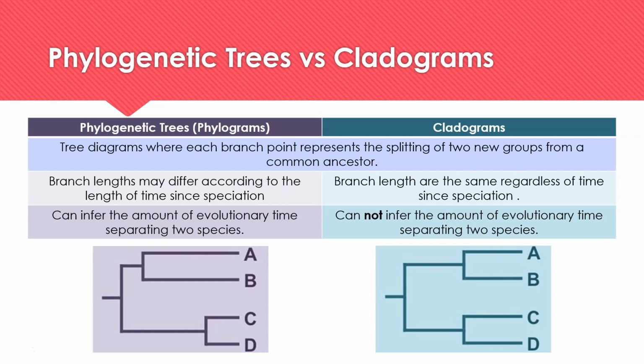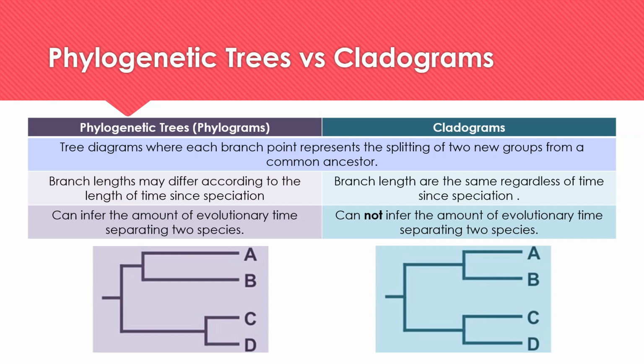And so phylogenetic trees, if you are drawing branches of different lengths to represent more or less time since divergence, that's what a phylogenetic tree is, and you're going to do that so that you could infer the amount of evolutionary time that separates two species.